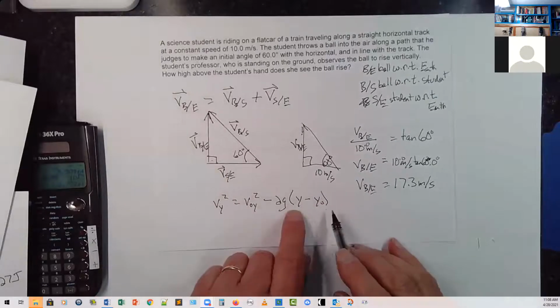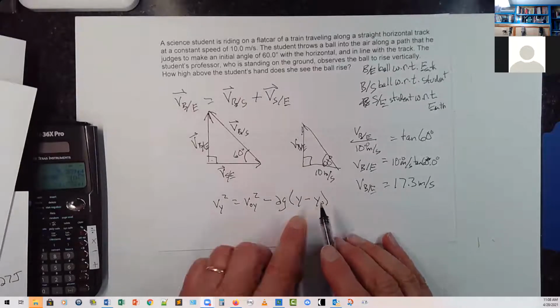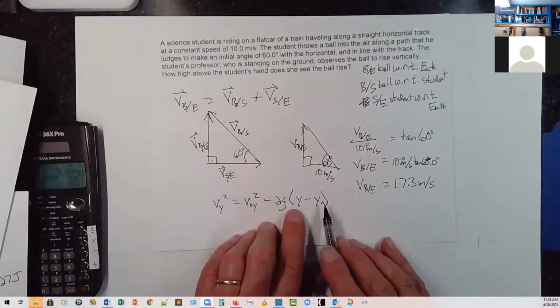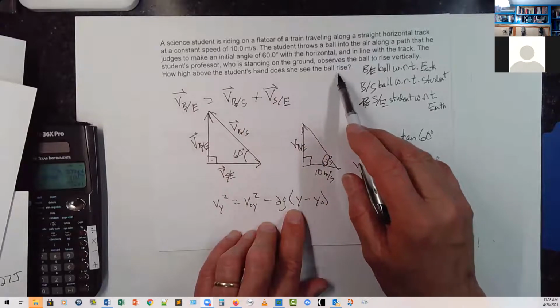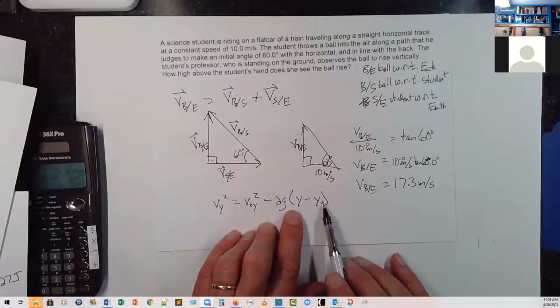Okay, y naught is how high the ball is when it leaves the student's hand. Y will be its final position. So y minus y naught is how high above the student's hand the professor will see the ball rise. So, okay, that's what we're after.